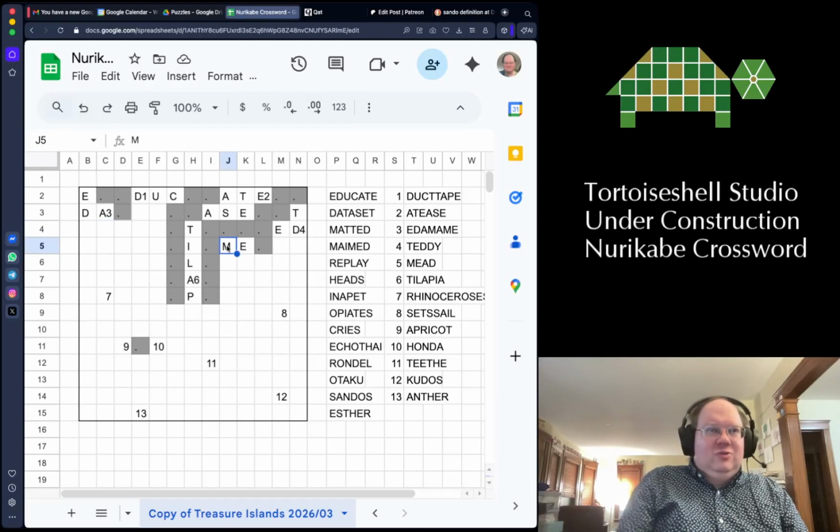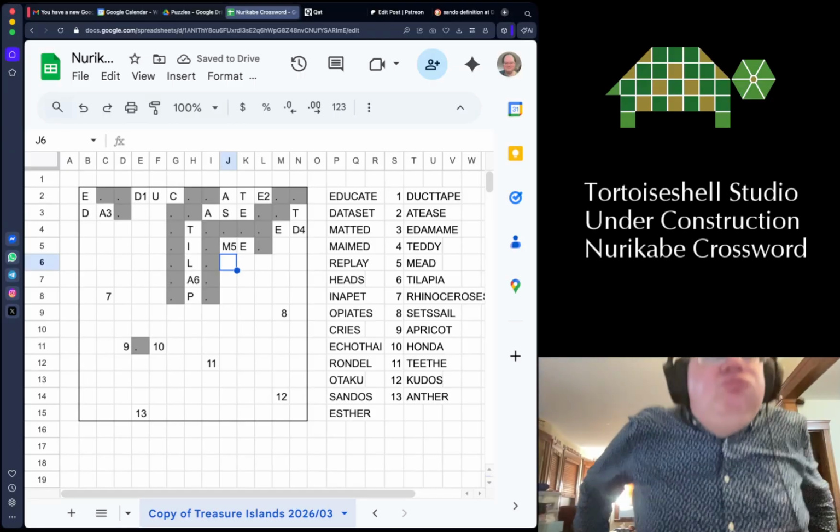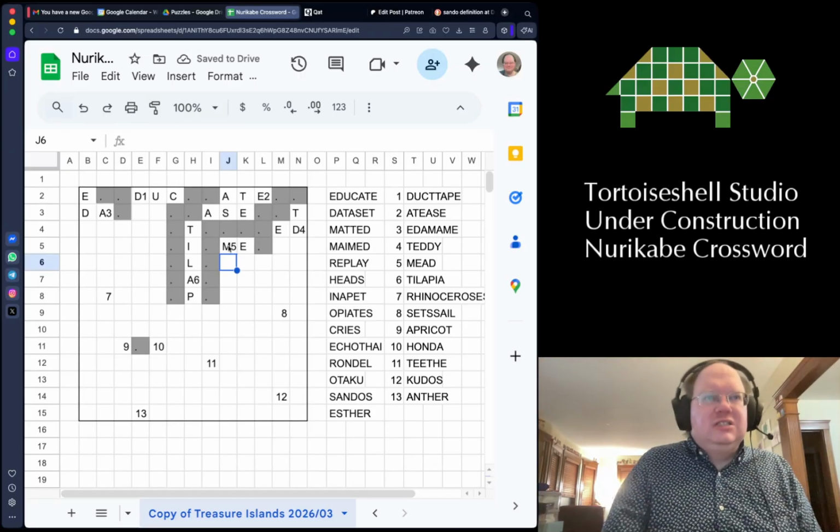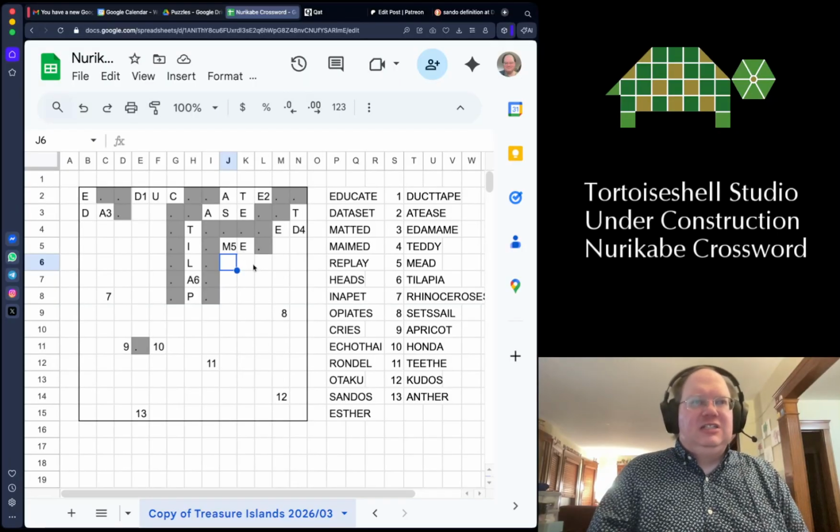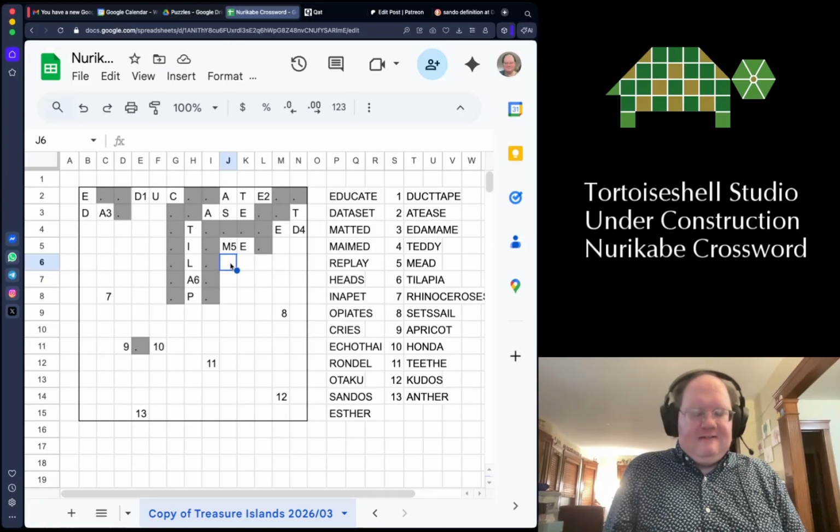Oh, this was M5. So the AD of mead is going to come from either these two letters or these two letters. If it's these two, then we have, oops, then we have a 2 by 2. So that can't be.